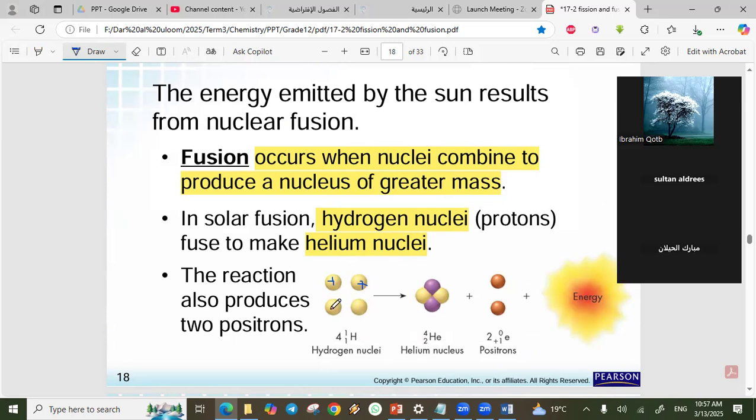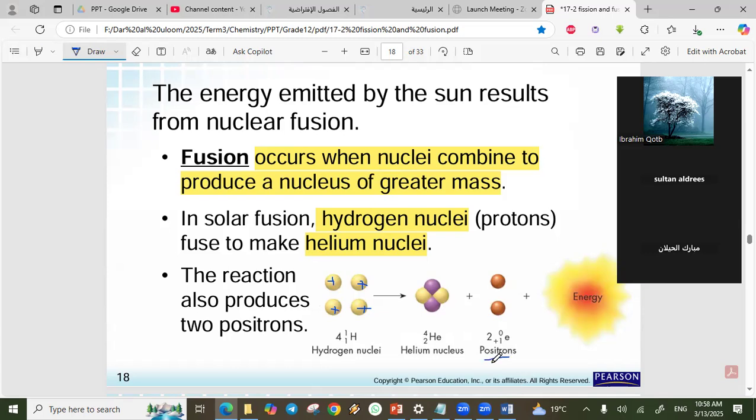So when you make them combine or come together, you have to put them under very high temperature and pressure. The product of this process: you have here 4 hydrogen atoms. It will give you 1 helium atom and a particle called a positron. What is the positron?